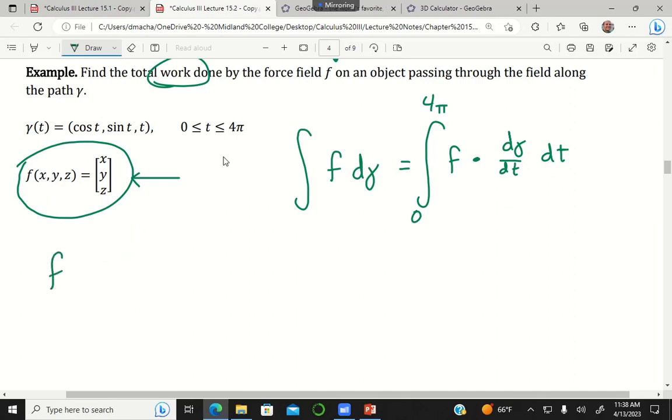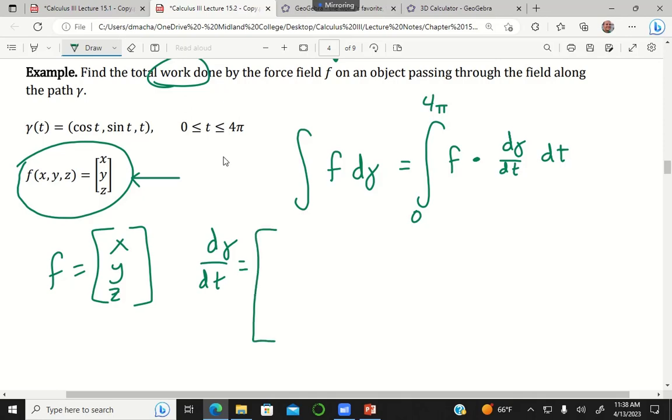My F vector is just the vector x, y, z. The d gamma dt vector has the 3 entries negative sine t, cosine t, 1.